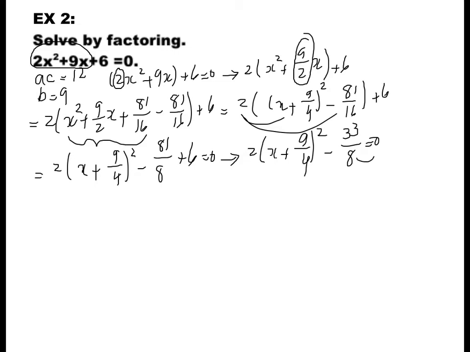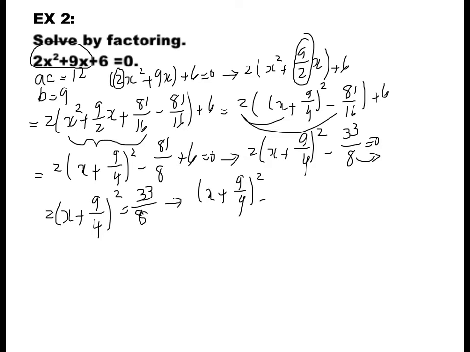Now I bring this one to the right, so I get 2 times x plus 9 over 4 squared is equal to 33 over 8. Divide both sides by 2, I get x plus 9 over 4 squared is equal to 33 over 16.